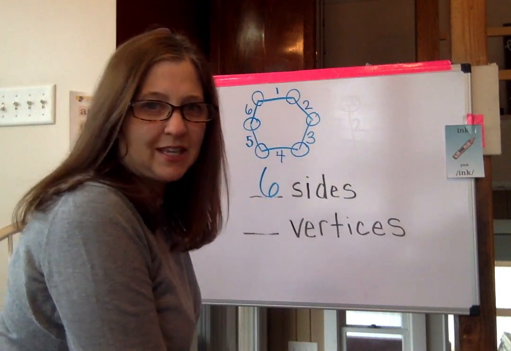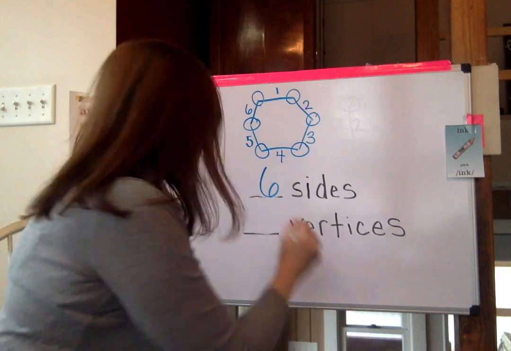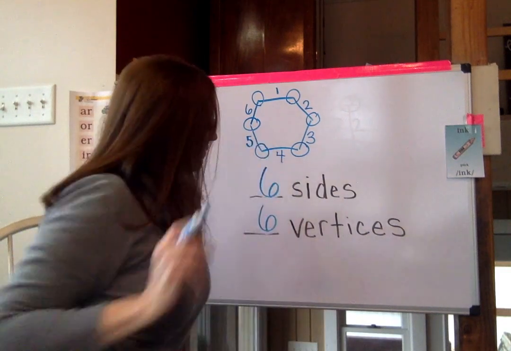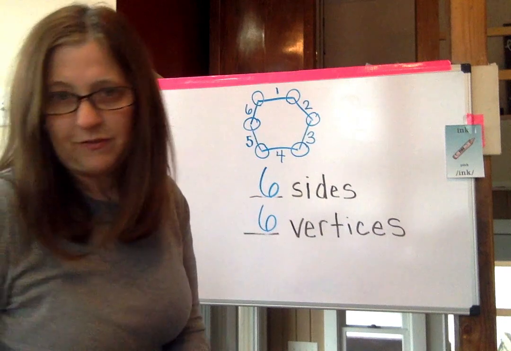Great. My friends, a hexagon has 6 vertices. If you could put that down here, okay, on the line, that would be fantastic.